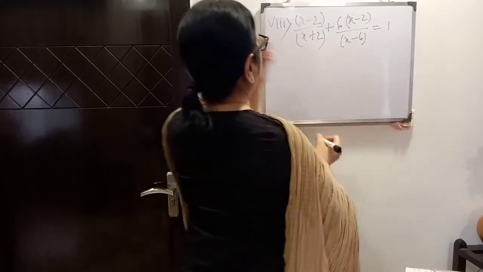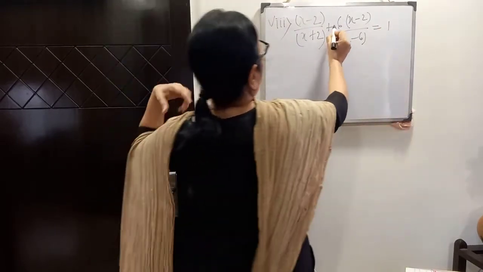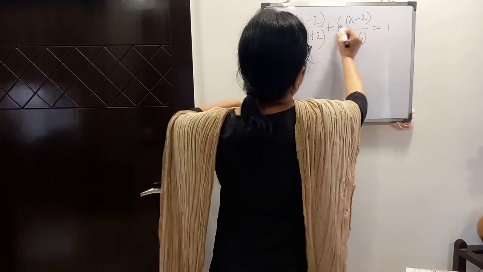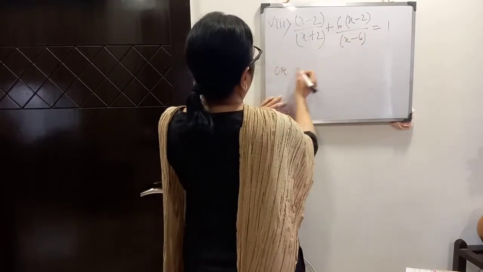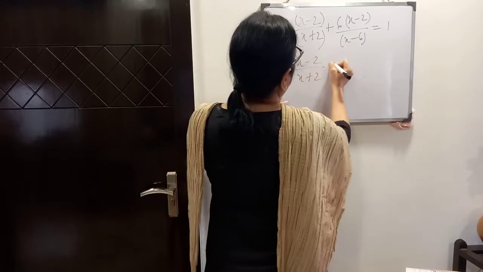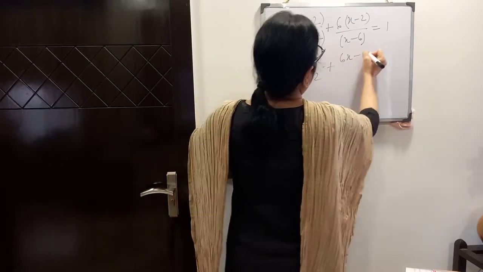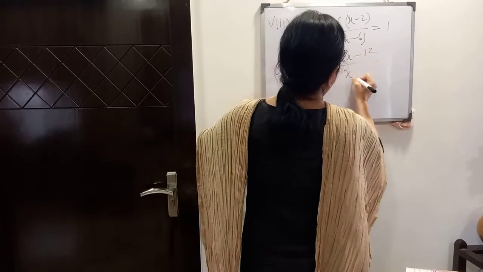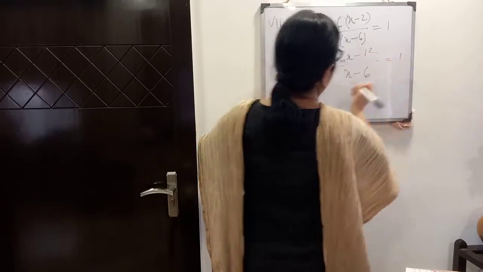It is given. Now first what will you do? We will multiply this term by 6 first. x minus 2 by x plus 2 plus 6x minus 12 by x minus 6 equals to 1.